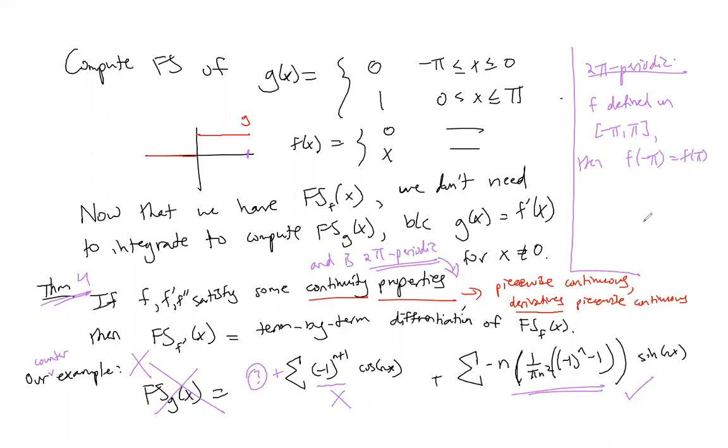So, since f doesn't satisfy that, you can't use theorem 4. So actually that was kind of a tricky problem, because the term by term differentiation is not correct. So good thing we did that example.